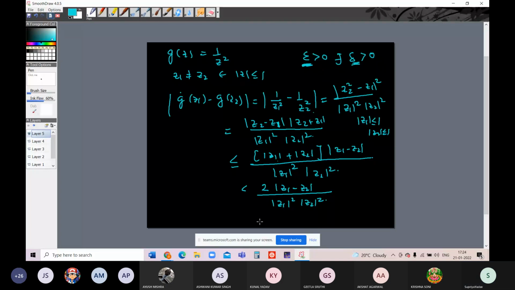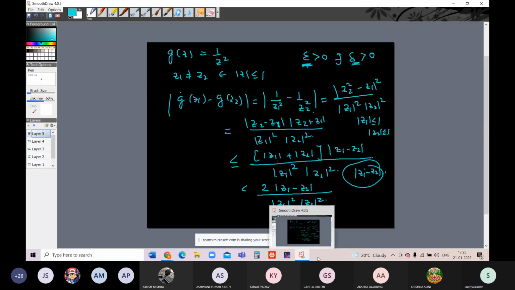Okay, so you can see here, uniform continuity is not depending upon which point we are choosing. It only says that the distance between these 2 points is small, and that small distance is depending upon this epsilon.